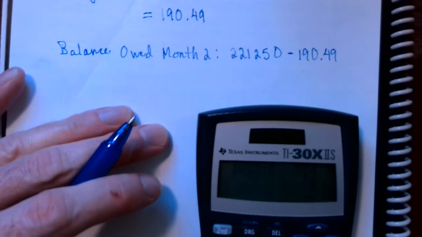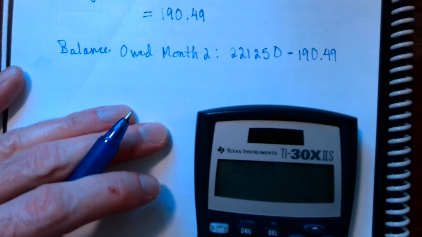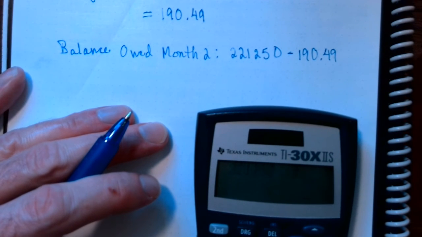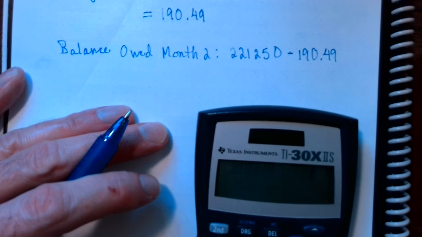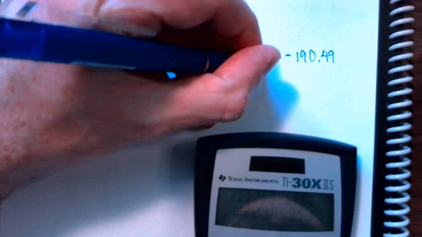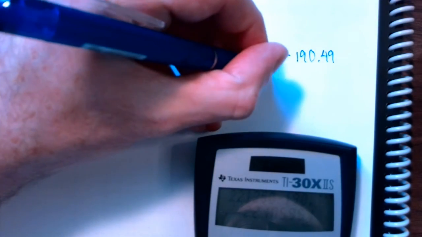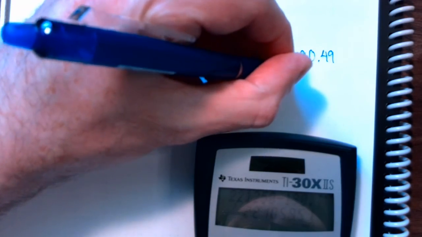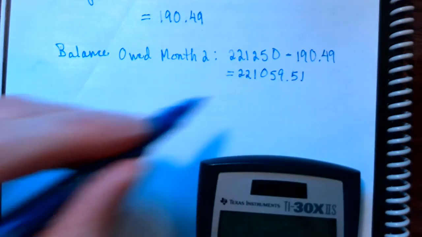So what you do is you take $221,250 minus the amount that went to principal. So that second month, your outstanding balance on your mortgage is that.